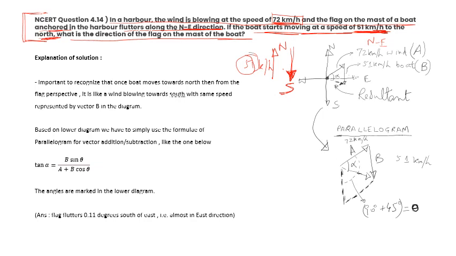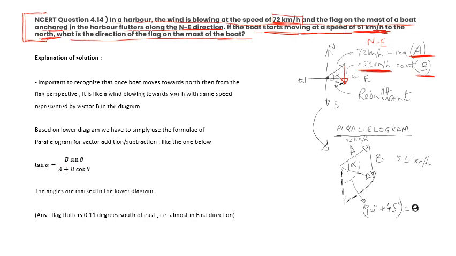So this is another vector which is impinging on the flag. It's shown here at 51 kilometers per hour, and we call this vector B. The first is vector A, which is the wind blowing, and the second is vector B, which is due to the movement of the boat.